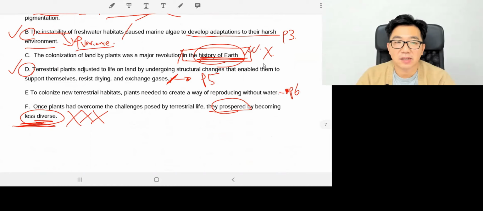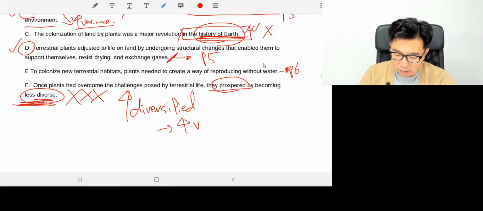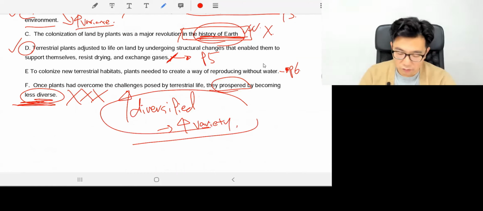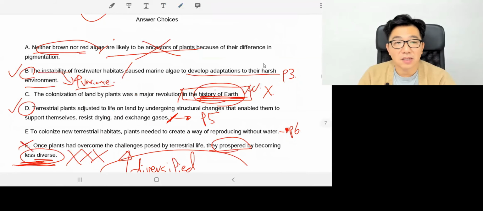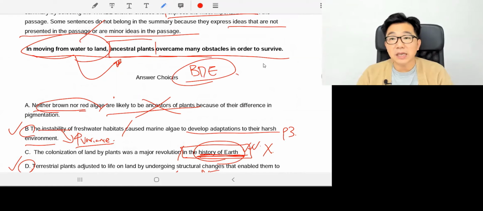But I remember saying this more than one time in the passage, that it became more diversified, which means more variety. Okay, so F is wrong in so many ways. Sorry if I blabbed on unnecessarily a little bit and bored you. I hope not. Okay, so answer is BDE.